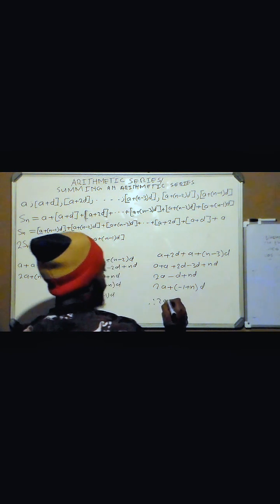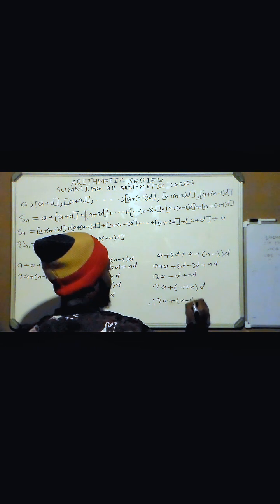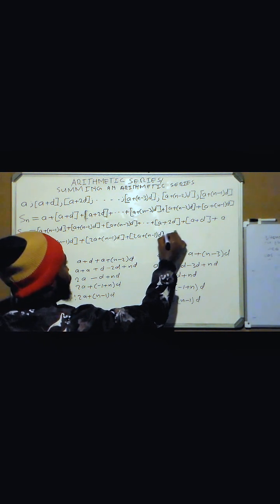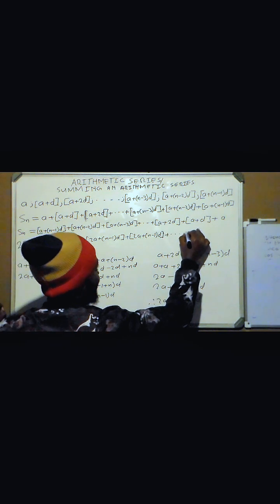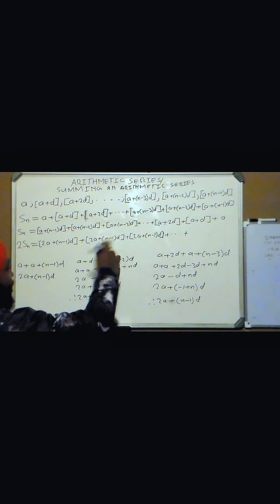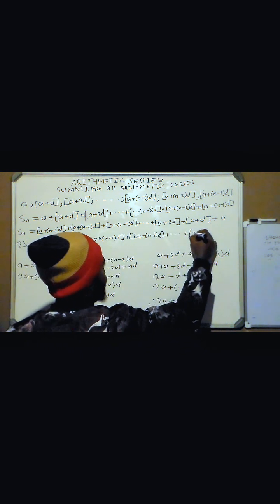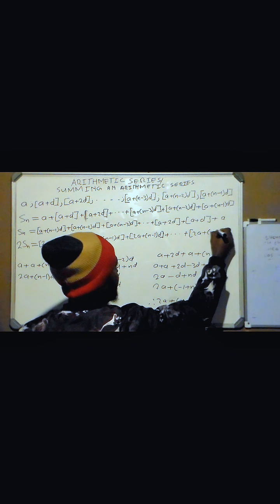Therefore, it should be equal to 2a plus n minus 1 multiplied by d. So again, we get the very same expression. So this is plus 2a plus n minus 1 multiplied by d. So if we continue this up to the last term, we would find that we have the same expression. So if we repeat this n times, this would be 2a plus n minus 1 multiplied by d.